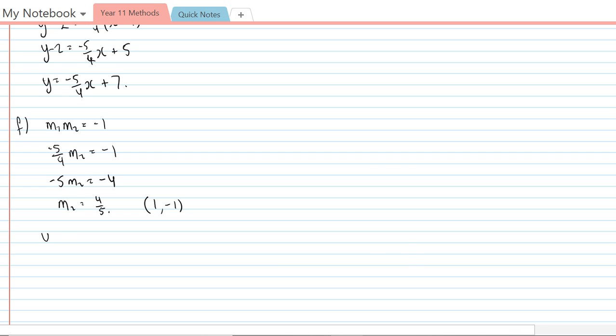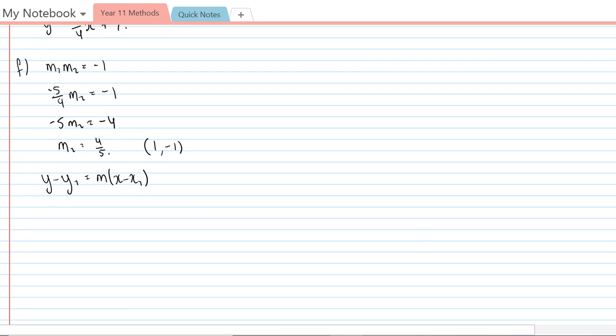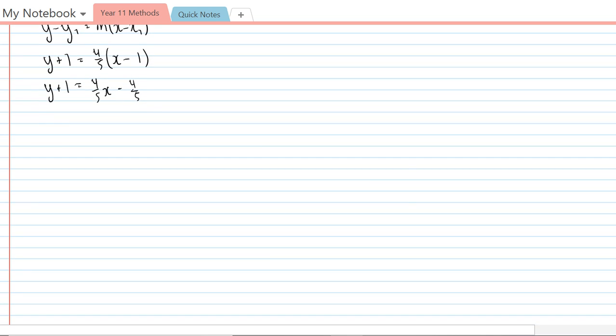And so y minus y1 equals m, x take x1. So that makes y plus 1 equals 4/5 times x take 1. Y plus 1 is 4/5 x minus 4/5. And then when we take away 1 on both sides, we get y equals 4/5 x minus 9/5.